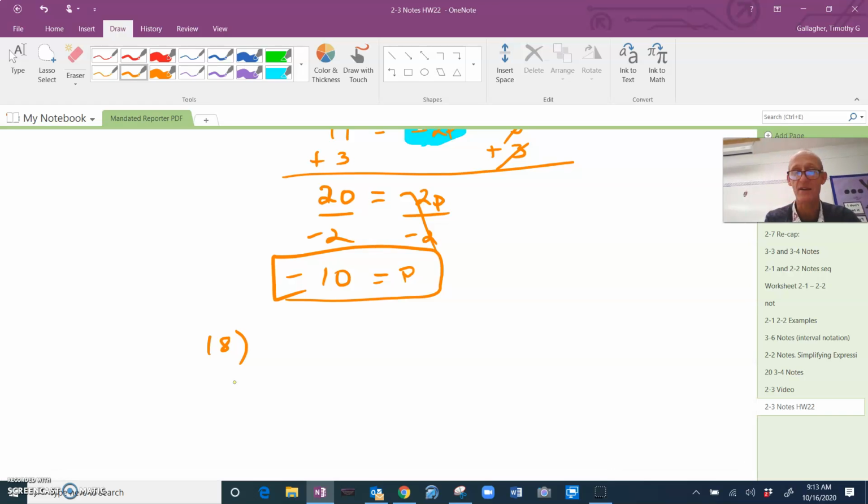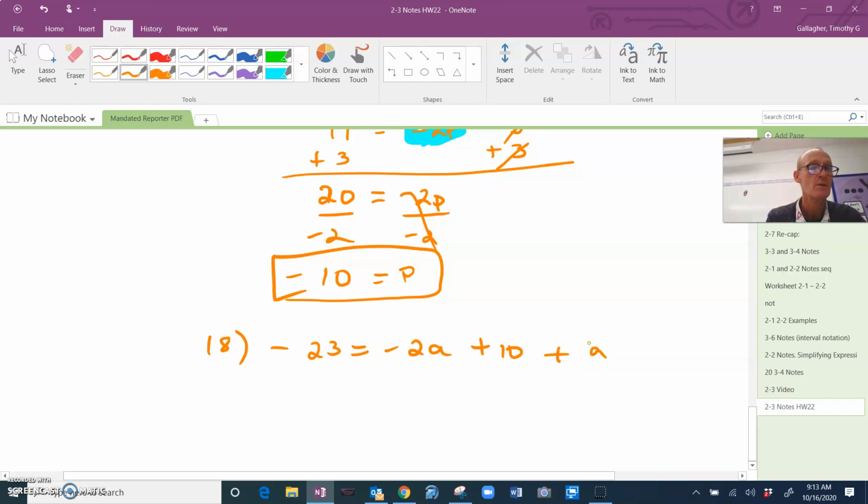We'll do one more, and this is it. 18 is negative 23 equals negative 2a plus 10 plus a. So these get combined, and I get negative 1a plus 10.